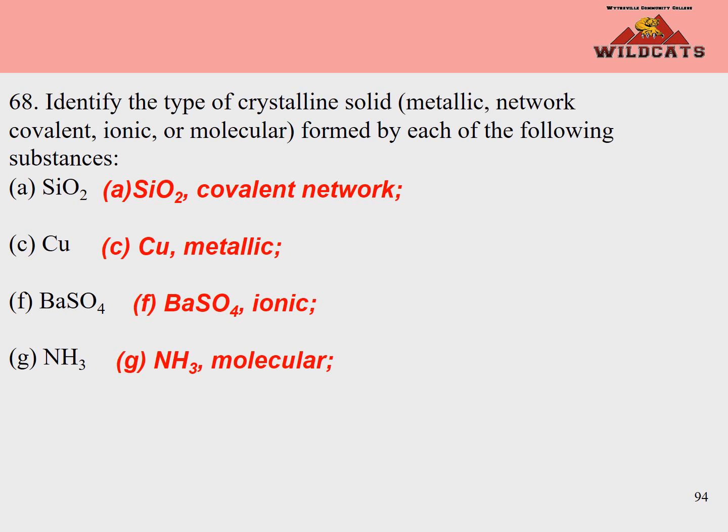And so if we take a look at the crystalline solids, we already talked about the silicon dioxide being a covalent network. Copper's a metal, so it would be metallic. Barium sulfate begins with a metal and has a polyatomic ion, so it's ionic. And NH3 doesn't have a metal, so it's got covalent bonds, so it's a molecule, so it'd be a molecular solid.